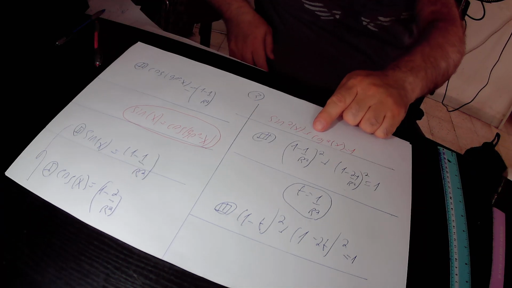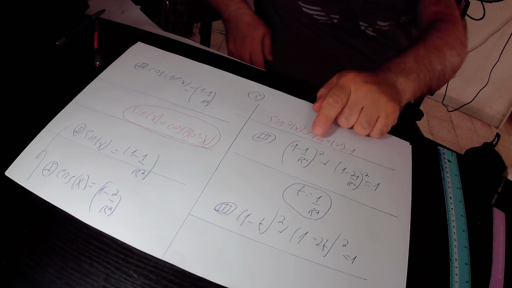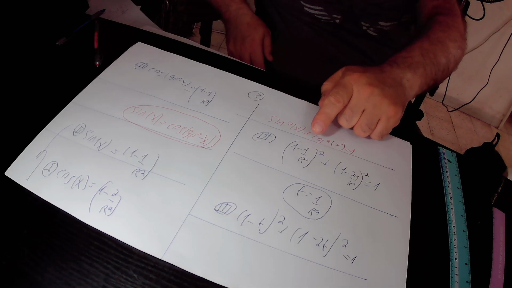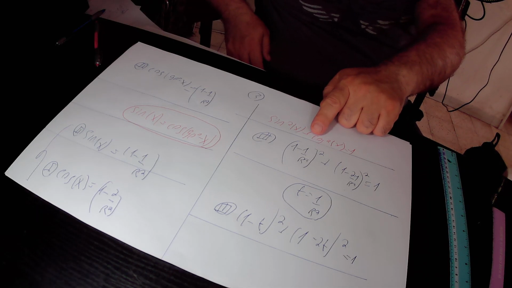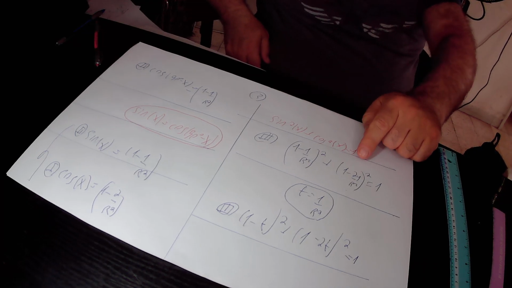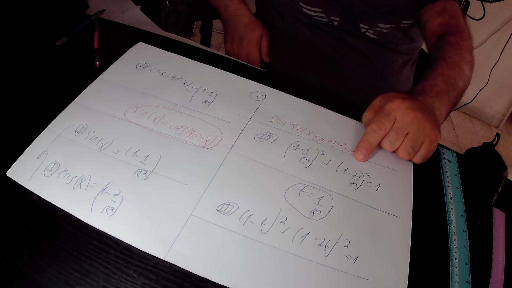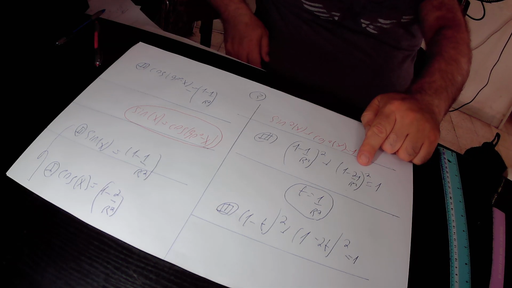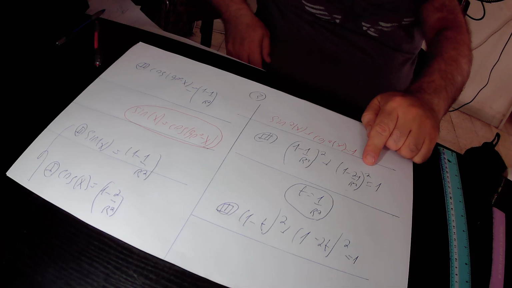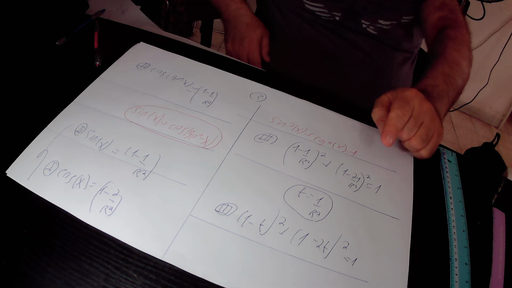We did it, and according to equation 3, we have 1 minus 1 over r squared, and 1 over r squared is t, so this expression in total will be equal to (1 minus t) squared, and we also add (1 minus 2 over r squared), which is 1 minus 2t. So again, this expression in total is (1 minus t) squared plus (1 minus 2t) squared, and it equals 1.